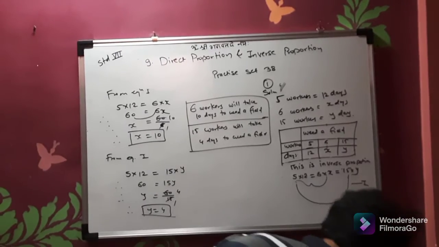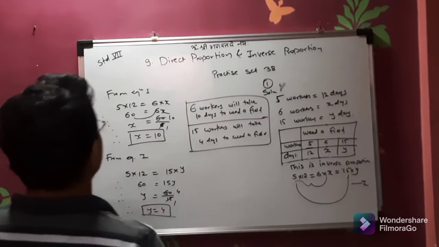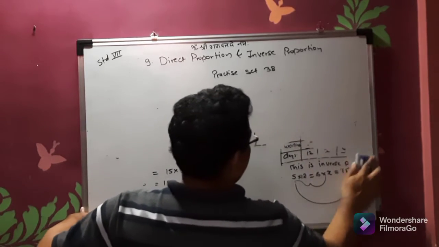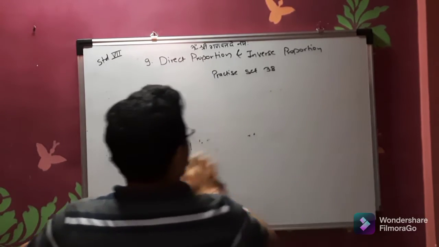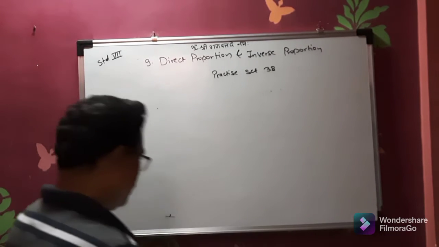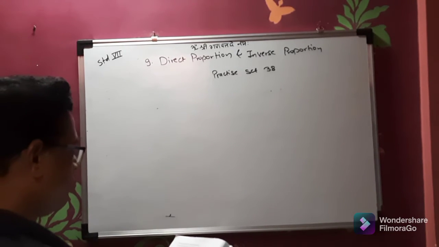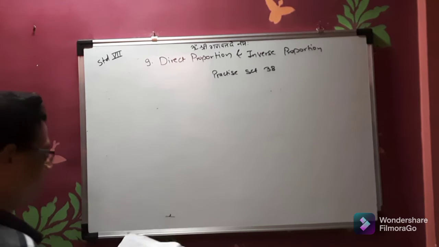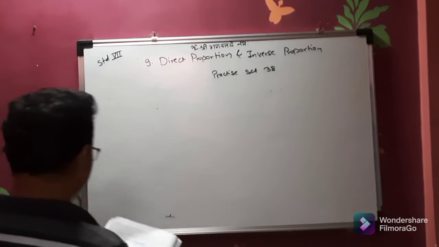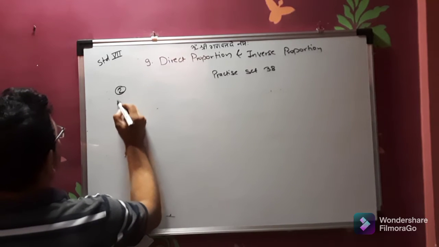Now we will move to the second problem. In the second problem, they have written: Mohan Rao took 10 days to finish a book, reading 40 pages every day. How many pages must he read in a day to finish it in 8 days? Problem second, then solution.